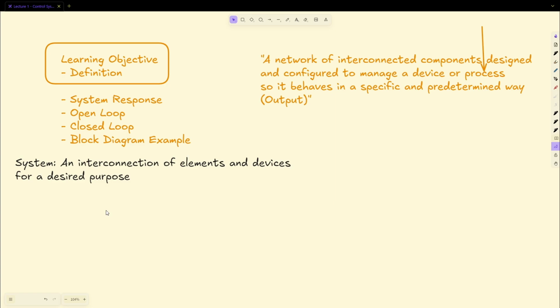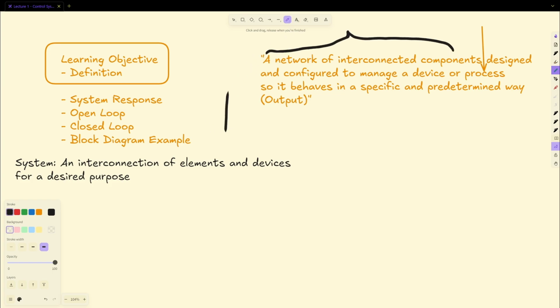All right. Another thing we can talk about is the process. Before I go into details about the control system, let's define the words that are being used. So this is a system, a network of interconnected components. All of this is actually the system.